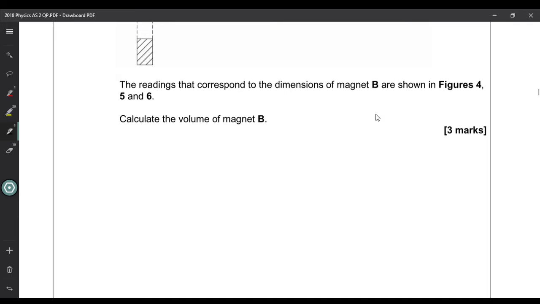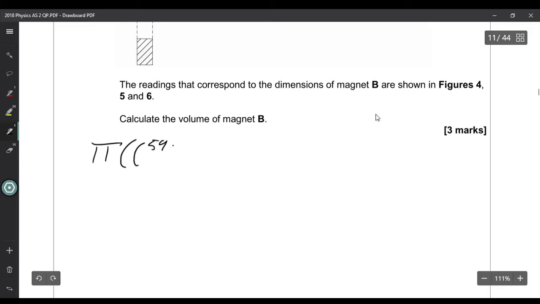So the way to calculate this, we know that the area of the disk will be pi r squared. So we can take pi outside a bracket, and it's going to be 59.9. Now remember, this is the external diameter, so we're going to need to divide that by 2 to get the radius.